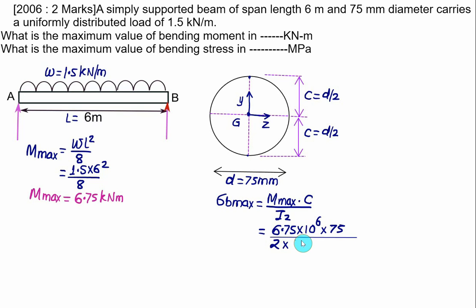Moment of inertia is pi by 64 d to the power 4, so 64 will go in the numerator, and d to the power 4 is 75 to the power 4. So the maximum bending stress here will be equal to 163 megapascal. It is the same tension and compression on the top and bottom fiber.